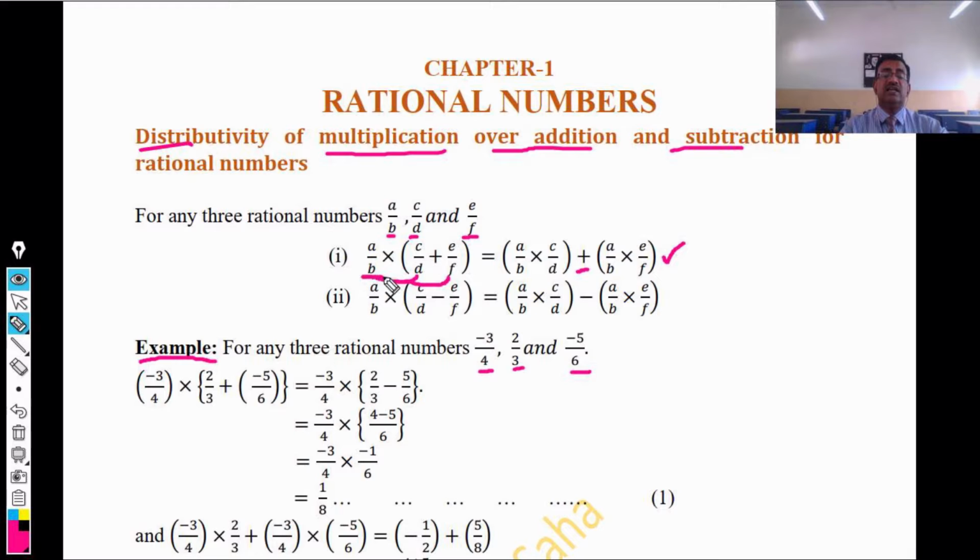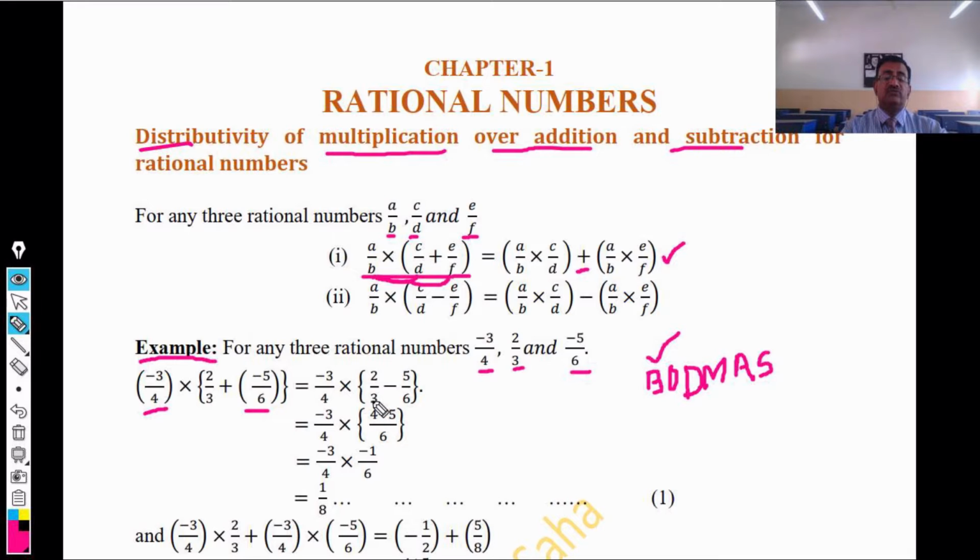Here it is the left hand side. That left hand side means minus 3 by 4 into (2 by 3 plus minus 5 by 6). Then you know the property of BODMAS, solving the bracketed terms. First of all, remove the first bracket. To remove the first bracket, plus into minus becomes minus. Now, simplify the terms inside the second bracket.